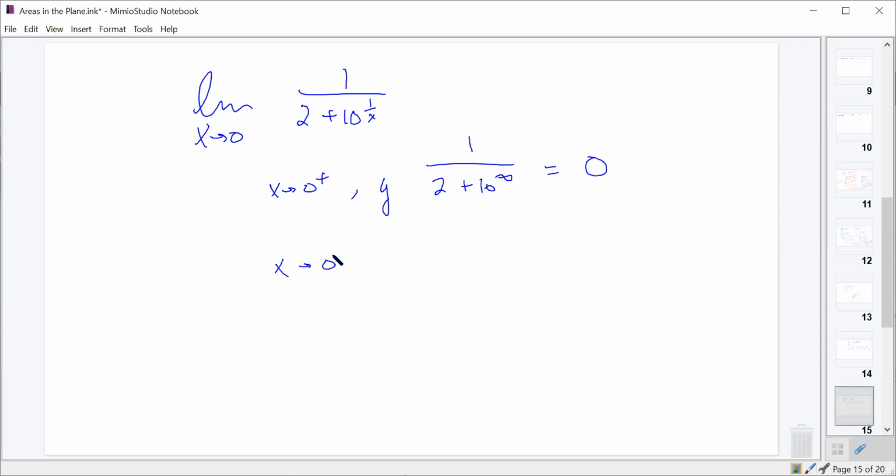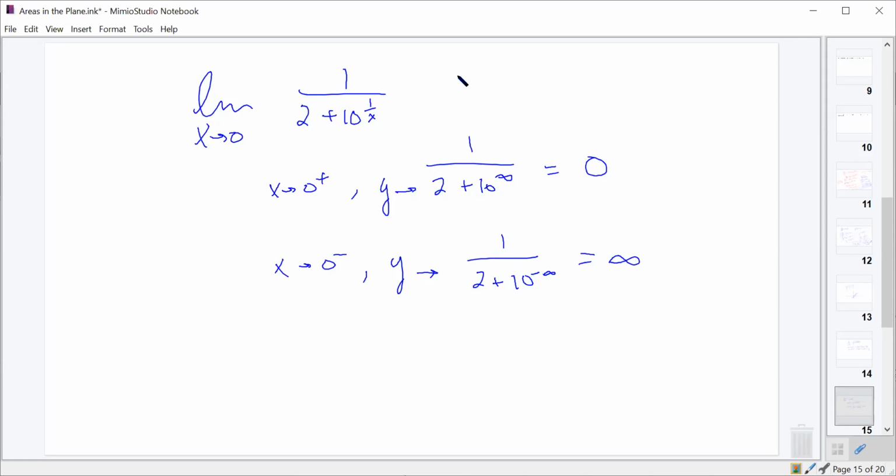But as we approach 0 from the left, y approaches 1 over 2 plus 10 to the negative infinity. Then that negative infinity dominates the 2, so the 2 becomes insignificant. The 10 to the negative infinity flips to the top and becomes infinite. So again, non-existent.